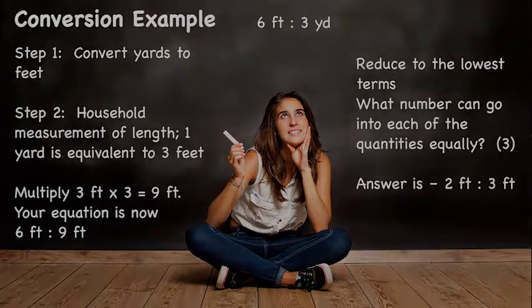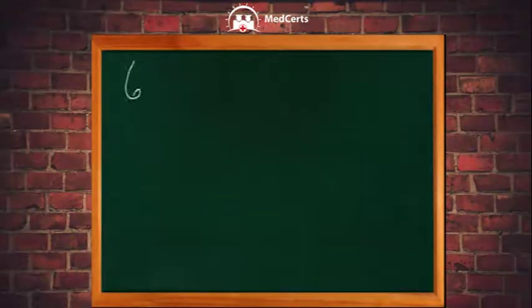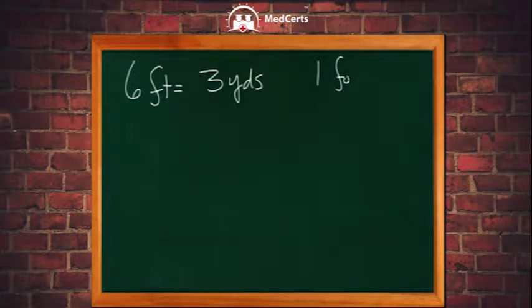So if we work this problem out, we start off as a relationship of 6 feet equals 3 yards. Now we have to do a conversion. We already determined earlier that 1 foot equals 12 inches. And 1 yard equals 36 inches.